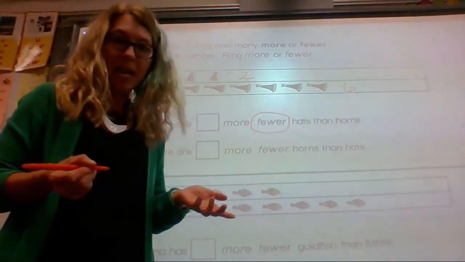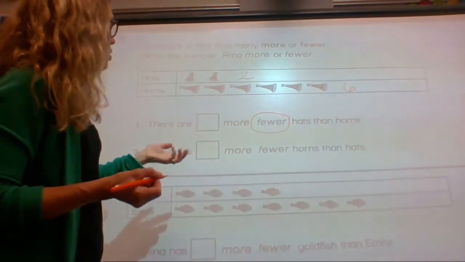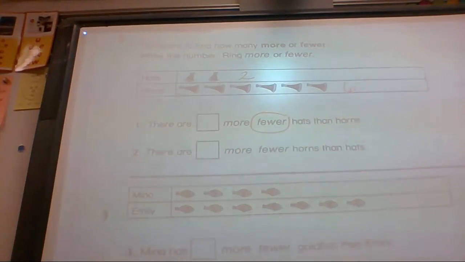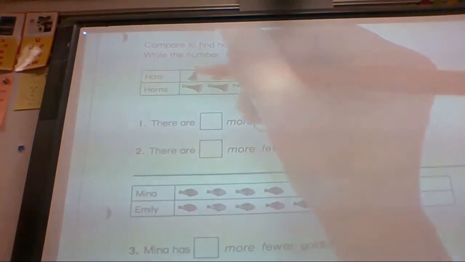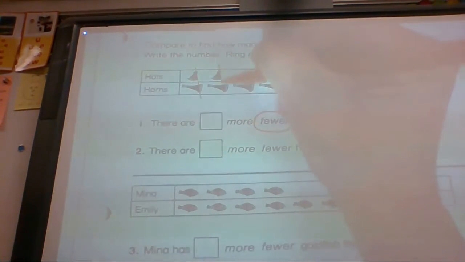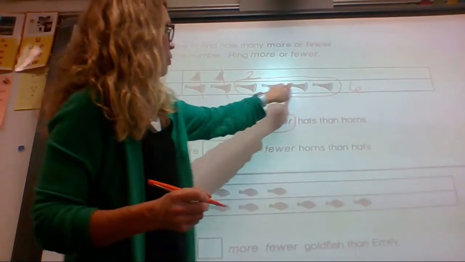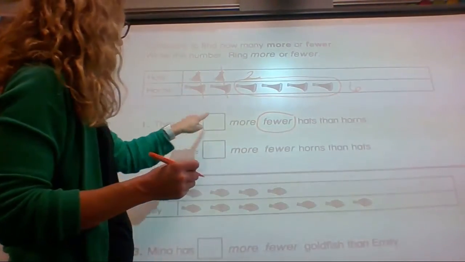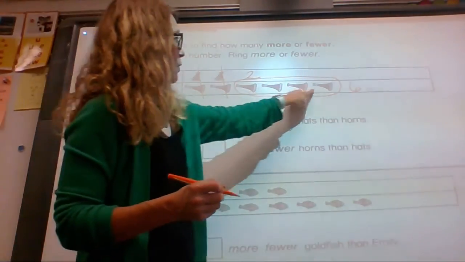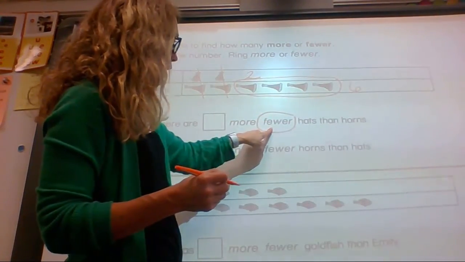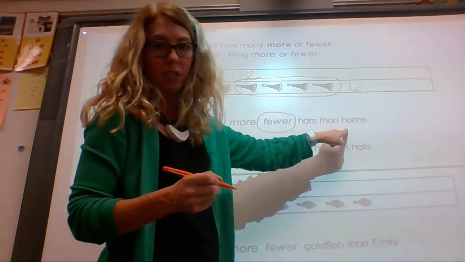And now we have to decide by how many. So if I pair up this hat and this horn, and this hat and this horn, and circle what I have left over for my horns, that will be my answer. 1, 2, 3, 4. So there are 4 fewer hats than horns.